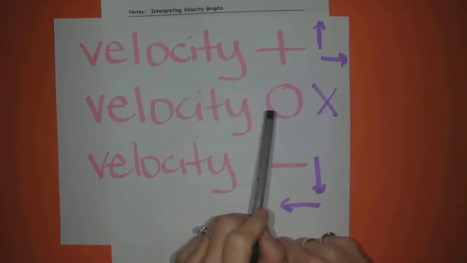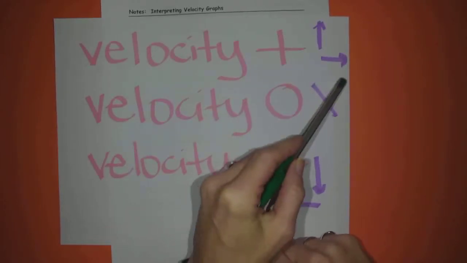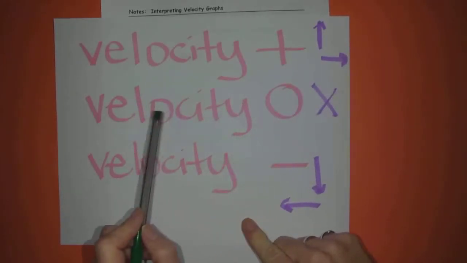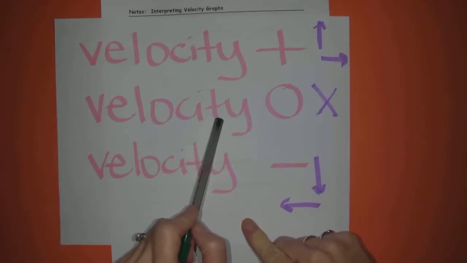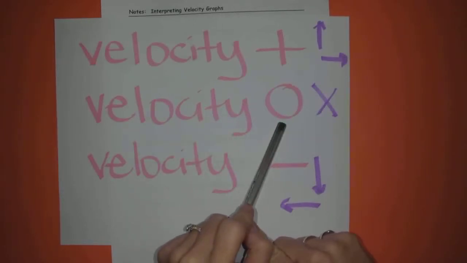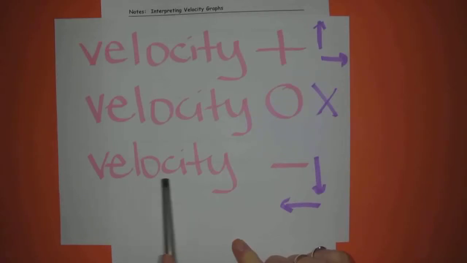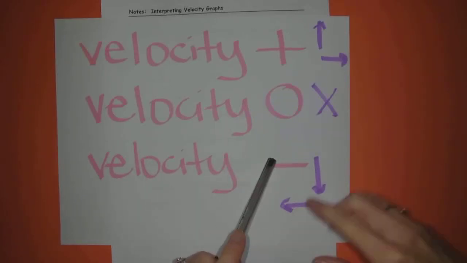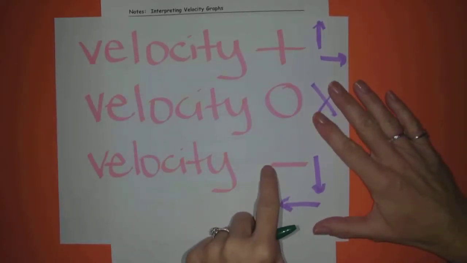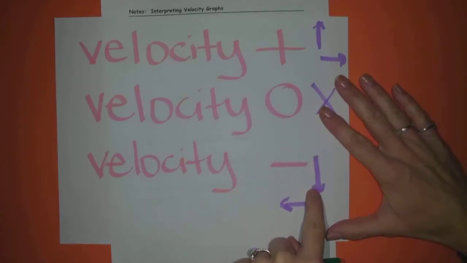When your velocity is 0, I put an X here, no movement at all. If your velocity, your directed speed, is 0, you're not moving. And finally, if your velocity has a negative attached to the front of it, that's letting you know that your object is moving down or to the left.